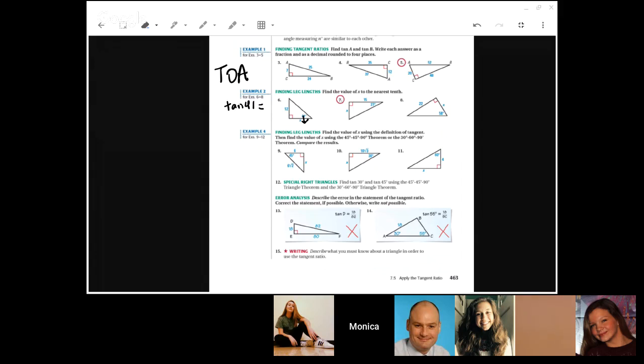Number 10 on the bookwork is just like 13, 14, and 15 from the worksheet.